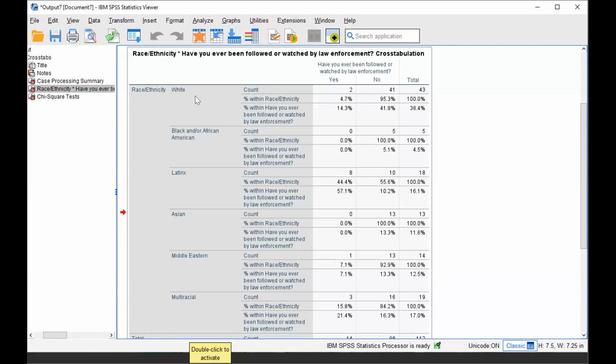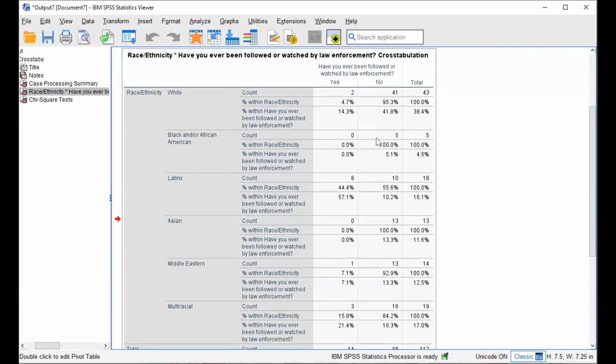In this case, representation within race. So in the second row, in the second social group, Black and or African Americans, we see 0% have had the experience of being followed or watched by law enforcement, and all of them, five people, have not.